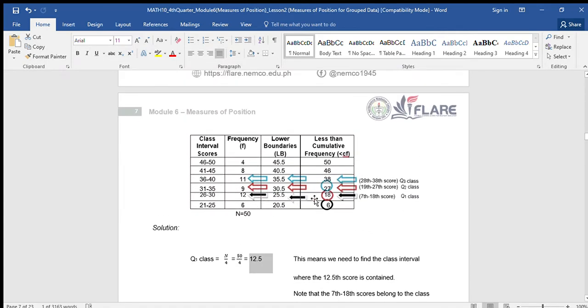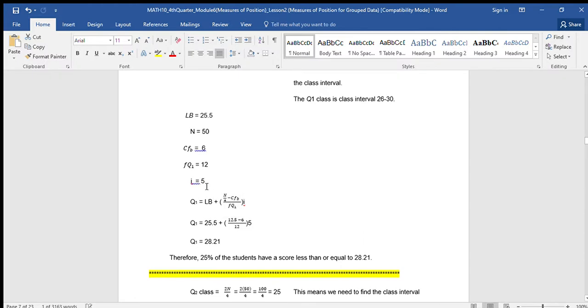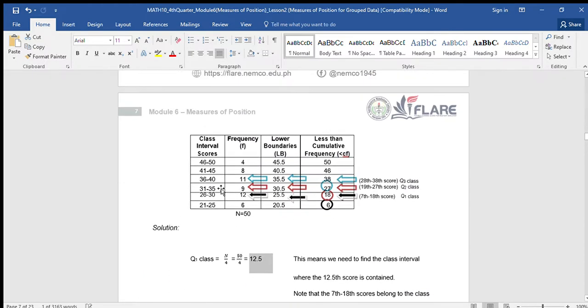Okay, again, we focus on this line. The lower class boundary is 25.5. The frequency is 12. What else do we need to find? I is equal to 5. What is I? Focus on 46 minus 41, which is one class interval. 46 minus 41 is 5. 41 minus 36 is 5. 36 minus 31 is 5. 31 minus 26 is 5. 26 minus 21 is 5.